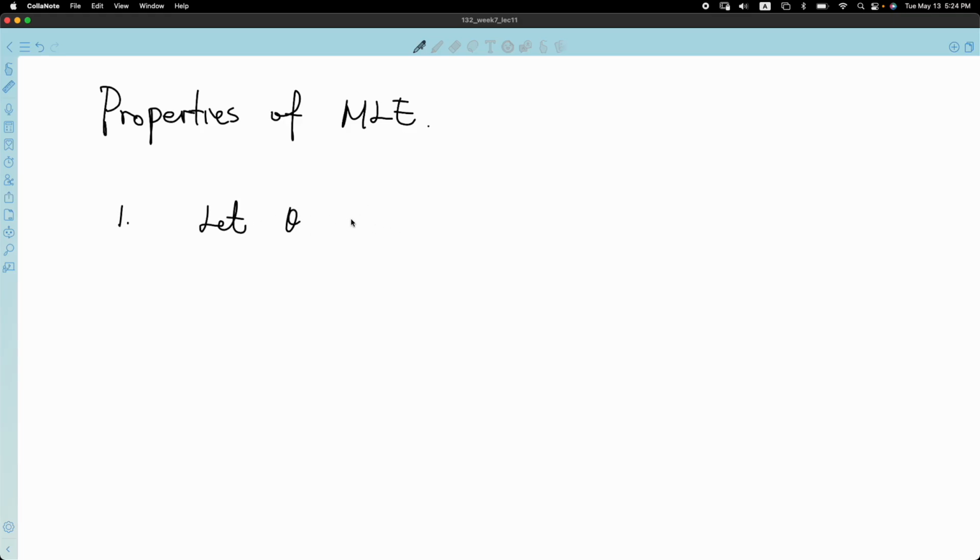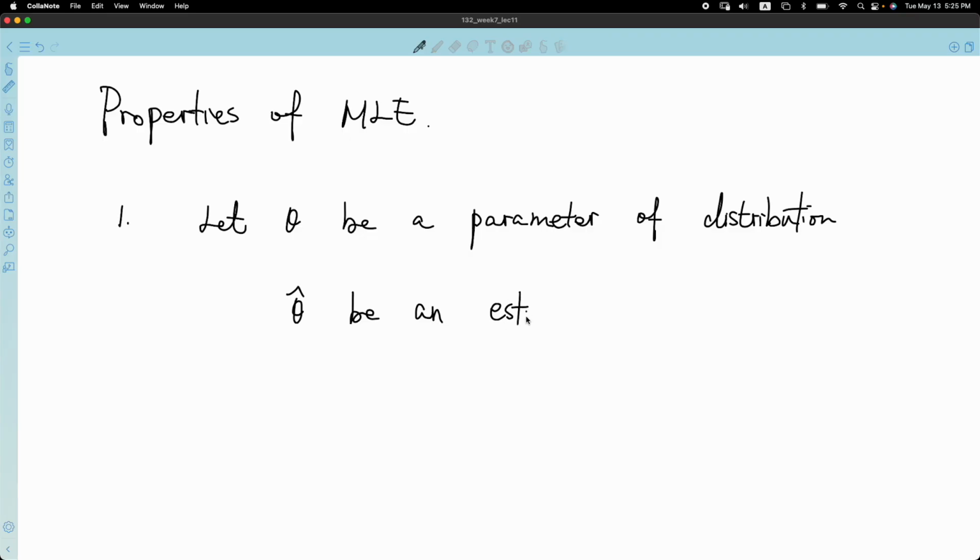Let theta be a parameter of a distribution, and theta hat be an estimator. Last time you have seen that this is a function of the data.